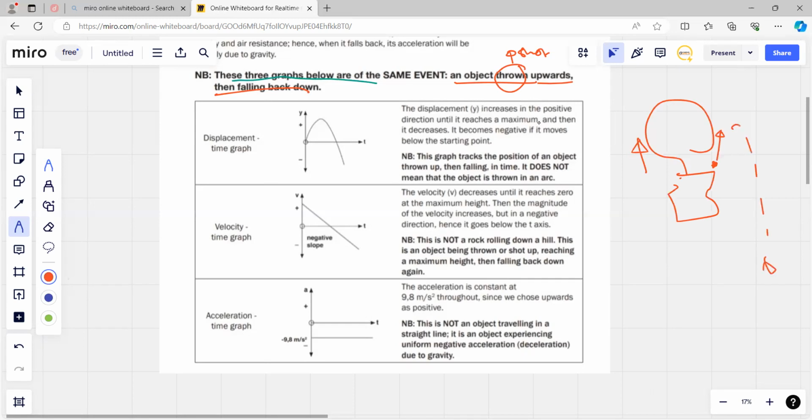So this situation pertains to the same situation whereby an object is either thrown upward or shot upward, then it falls downwards. Those are the principles that you have to take into consideration. The reason why, in a hot air balloon or anything that is moving upward, the object moves upward before it goes downward is Newton's third law.